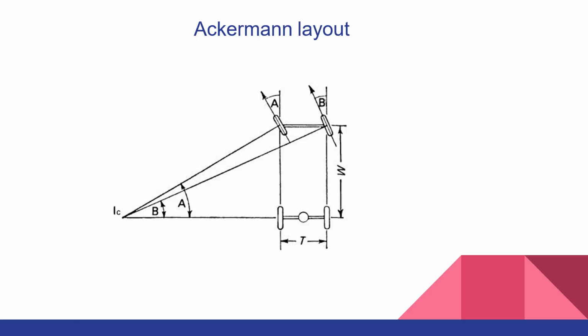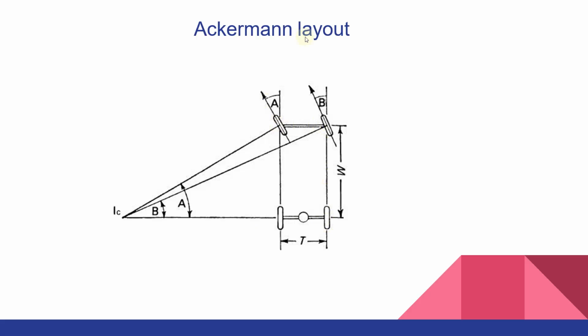Another important system which is used very commonly in automobiles for steering is the Ackermann steering system, or the Ackermann layout. You might have learned about the Ackermann steering mechanism when you studied linkages, the 4-bar linkage or the 4-bar chain.